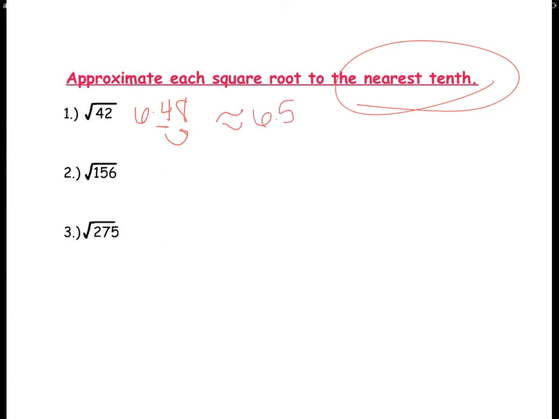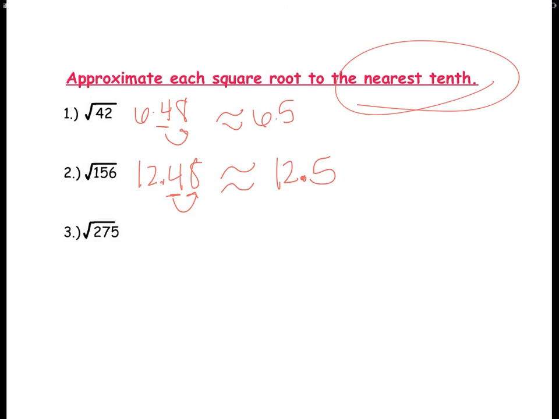Let's do that with 156. Square root of 156, I get 12.48. So here's my tenth spot. I look to the right. That's greater than 5. So I'm going to round up and say the square root of 156 is about 12.5. Let's try that with 275.